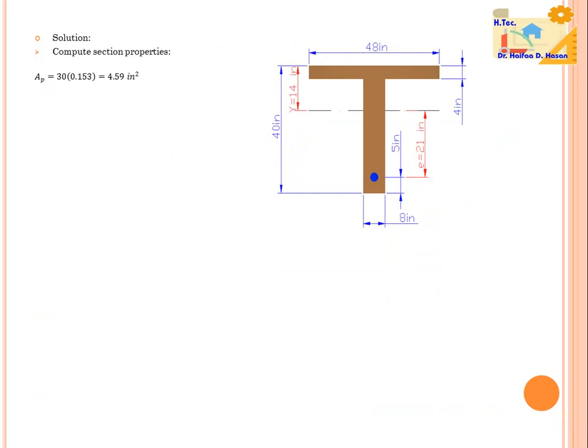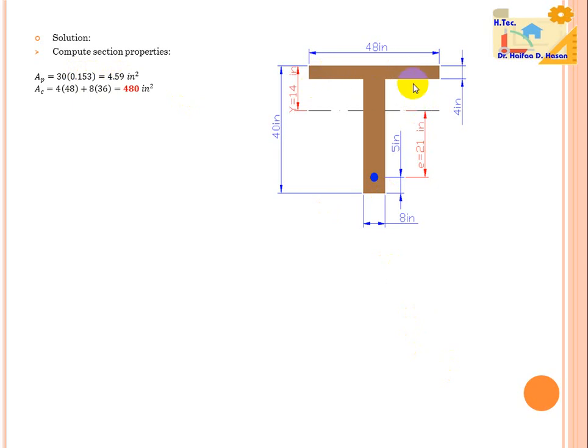Compute section properties. Area of bars equals 30 multiplied by the area of the half inch diameter strand, 0.153. We take it from the previous table, and it equals 4.59 inch square.